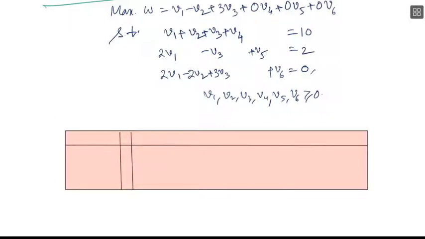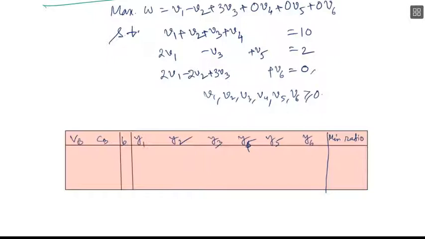The first column is VB, the basic variables, then cost of basic variables, this is B, and these are Y1, Y2, Y3, Y4, Y5, Y6, and the last column is for minimum ratio.